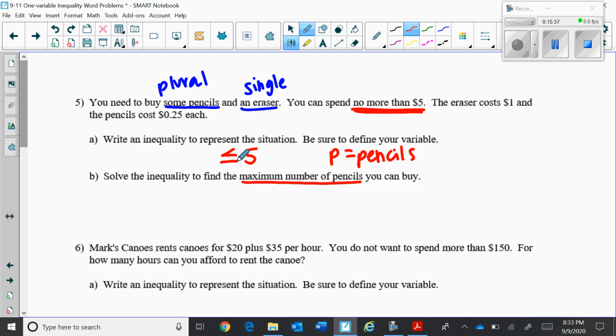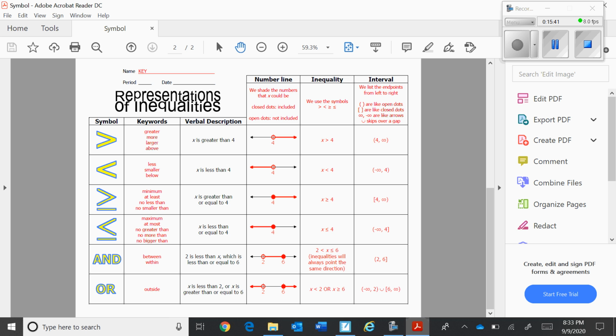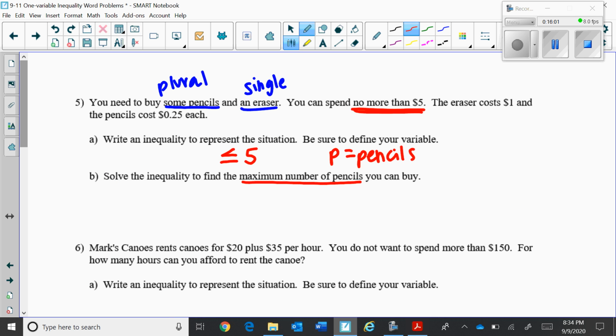Again, we could go back to our graphic organizer here. No more than is our greater than or equal to sign. That's how I know that it's that equal sign, because I referenced back to this sheet. So no more than $5.